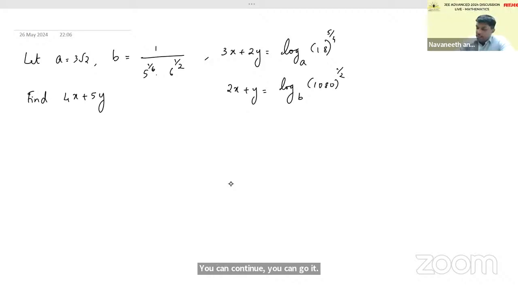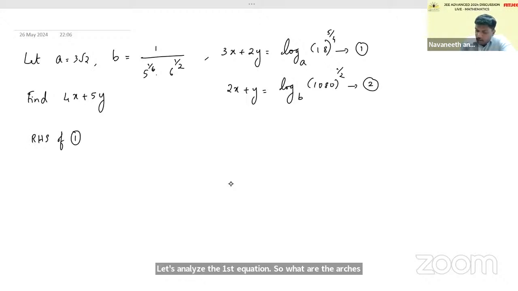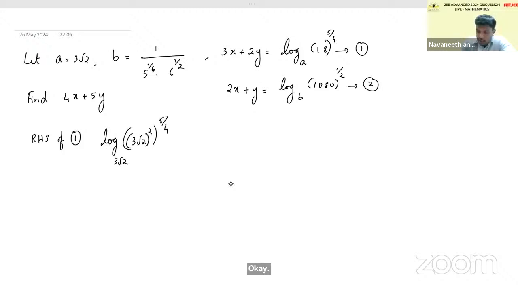So let us look at, there are two equations here. Let's call them equation 1 and equation 2. Let's analyze the first equation. So what is the RHS of equation 1? We have log of 18, and 18 we know is 3 root 2 square. That's the reason why I wrote 18 as 3 root 2 square.